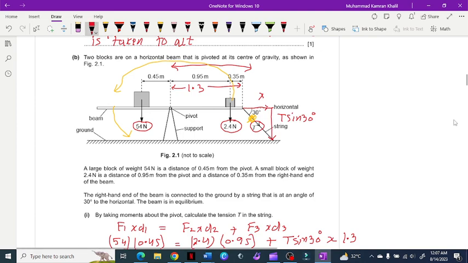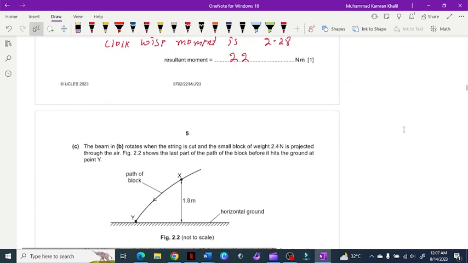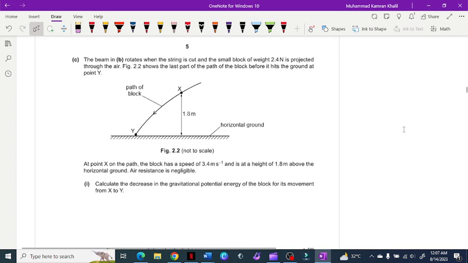Now this question moves towards projectile motion, the kinematics. He is saying that when the string is cut and the small block of weight 2.4 is projected through the air, the diagram 2.2 shows the last part of the path of the block before it hits the ground at point Y.